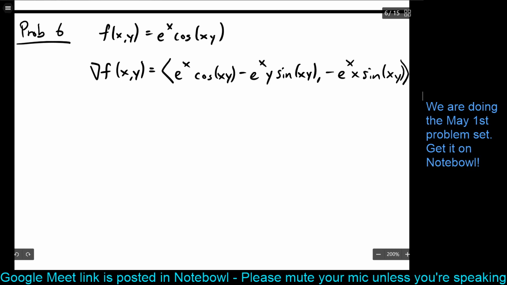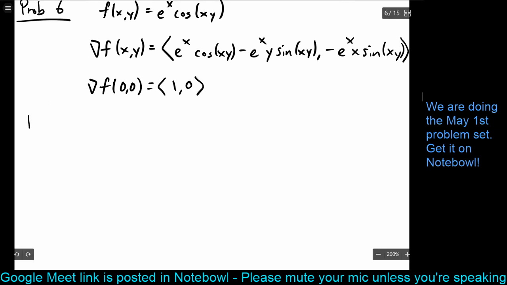And the nice part is we only want to compute this at x equals 0, y equals 0, because this is where we're centering our series. So plug that in, gradient of 0, 0, and we simply get the vector 1, 0.